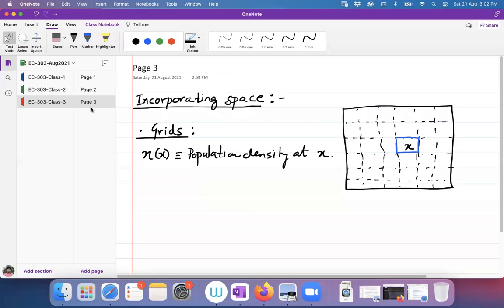Now, for the sake of argument, let us assume that this N of X population density is independent of everybody else. How would an equation for that look?